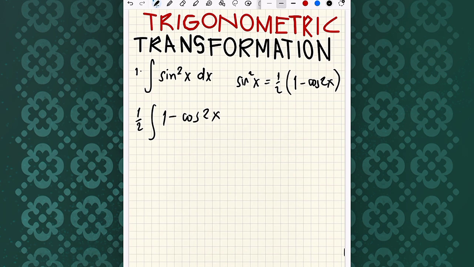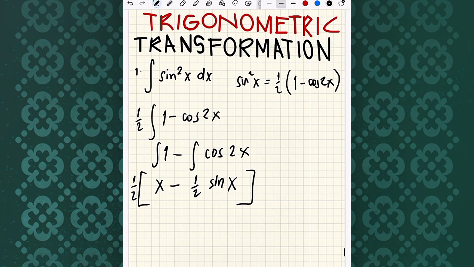Now we have to split the integral: integral of 1 minus integral of cos 2x. What is the integral of 1? It's x. For the integral of cos 2x, we just have to divide by 2, and the integral of cos x is sine x.